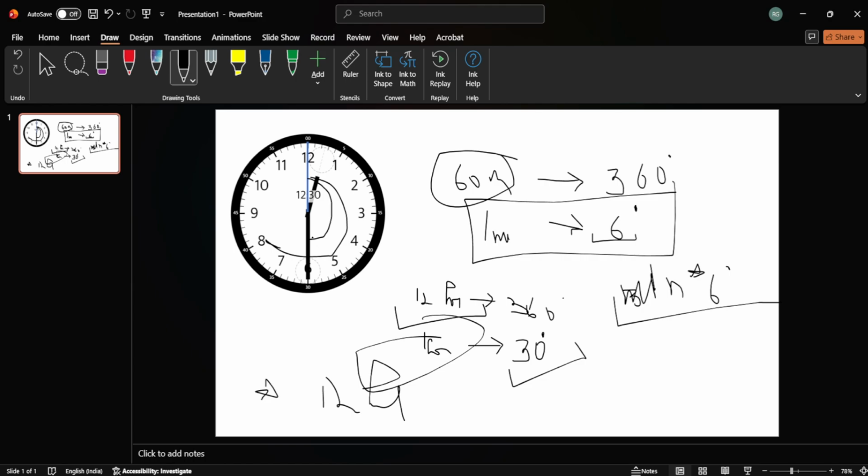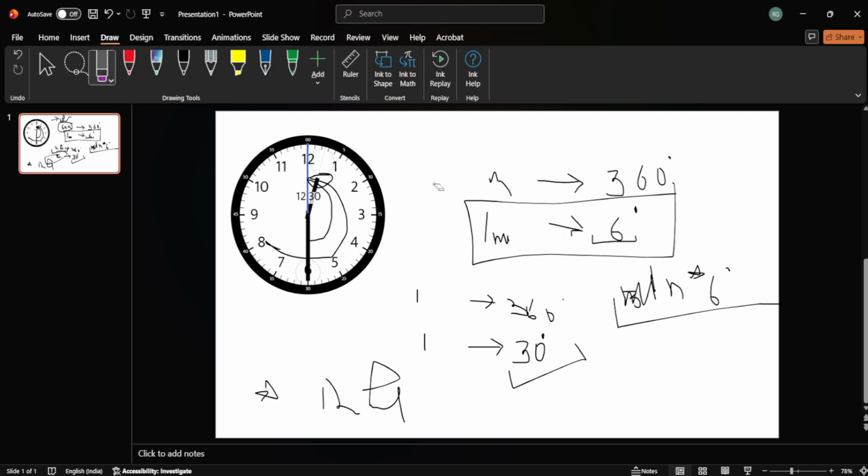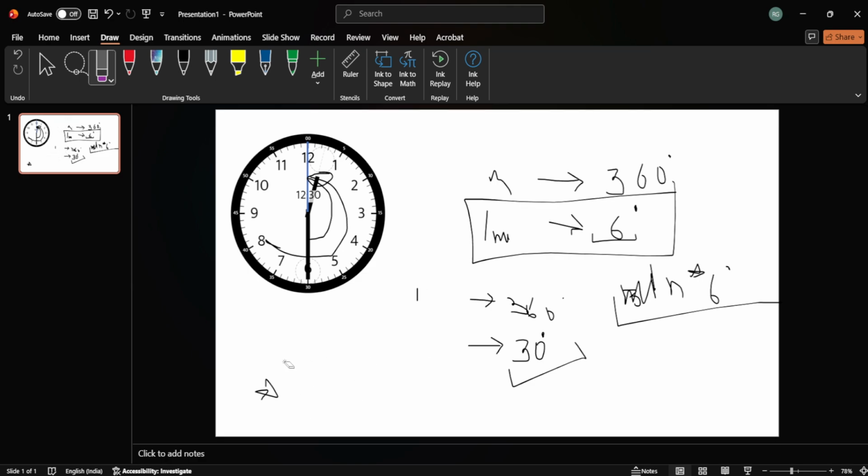But there is a catch: the hour hand also moves when the minutes complete. Let me erase this. Here is 12 hour and here is 1 hour.